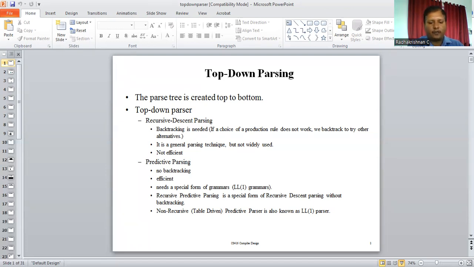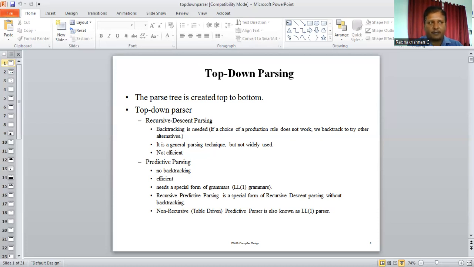LL1 means we use one lookahead input symbol, represented by the number one. In LL, the first L means reading the input from the input string in left-to-right manner. The second L indicates the derivation is based on leftmost derivation.